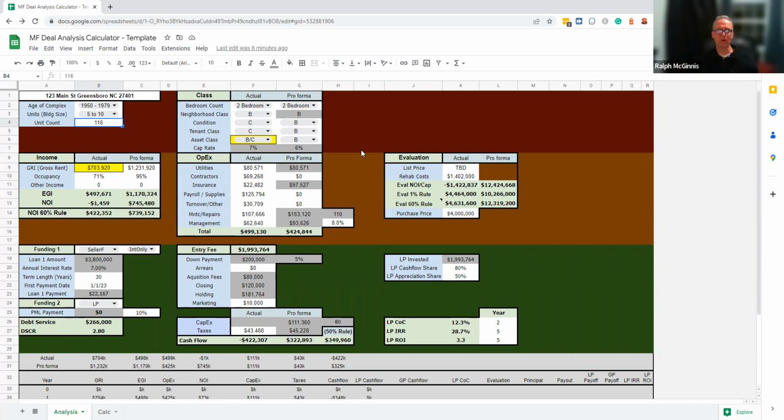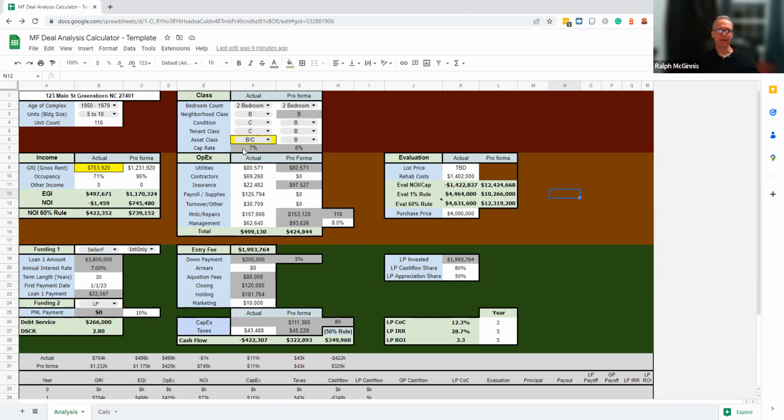So if you refinance and you improve from actual to pro forma, you're going to take the evaluation up from its current evaluation to something much higher. So that's something you always want to look at, is how can I improve from actual to pro forma? And you'll see throughout this whole calculator, you have actual in one column and pro forma in another column. So you can take it from its current state to a better state.